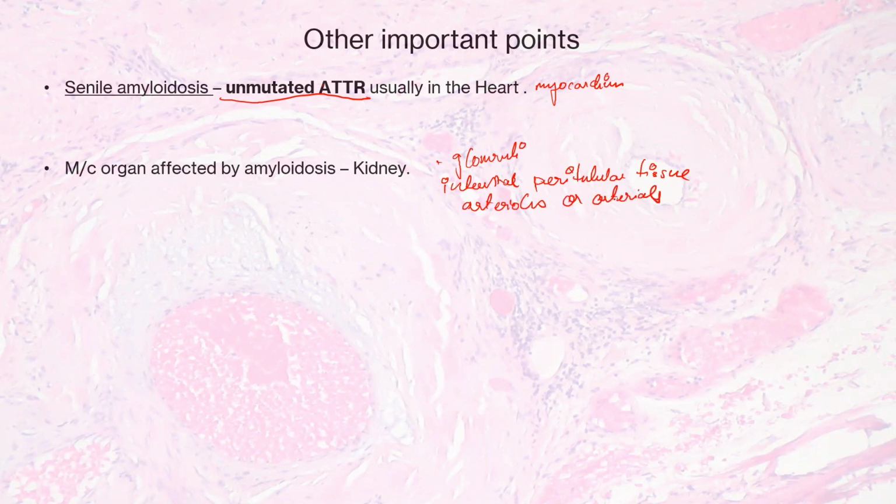Initially, when there is amyloid deposition, the kidney increases in size. But with severe, increased deposition and progression of the disease, it shrinks.